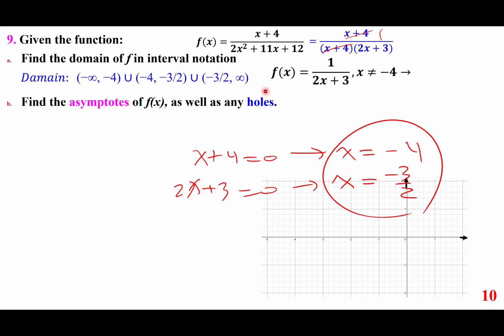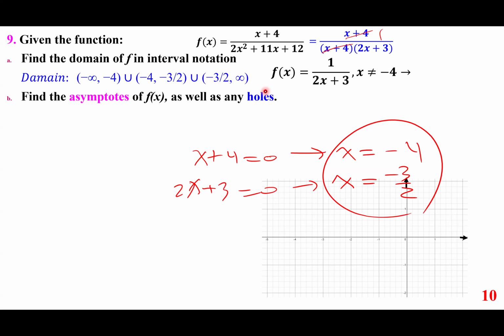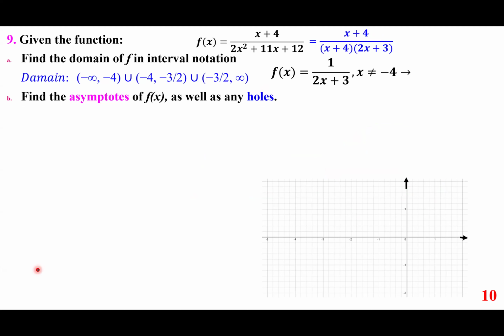Now, it says find the asymptotes as well as any holes. Now, the very first thing actually I want to discuss would be the holes. Let me erase my work again. If you happen to have a common factor between the top and the bottom, and you drop it, it's important to pay attention to this, x can't be negative 4. A common factor creates a hole.